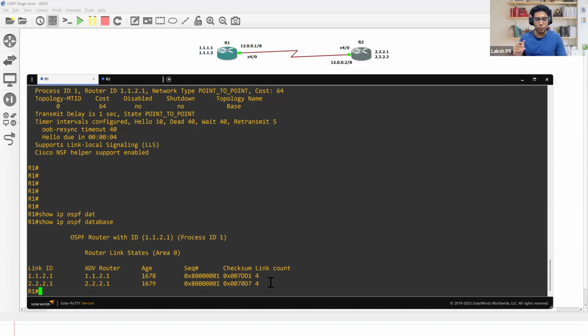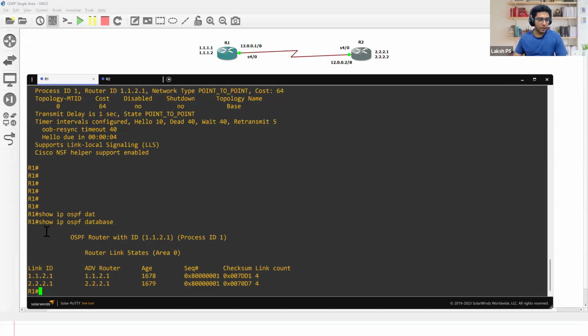That is why I'm not going in depth about this database. If anyone is interested in the detailed database structure, you can go through my CCNP plus CCIE course, where I have explained in depth how the database works.